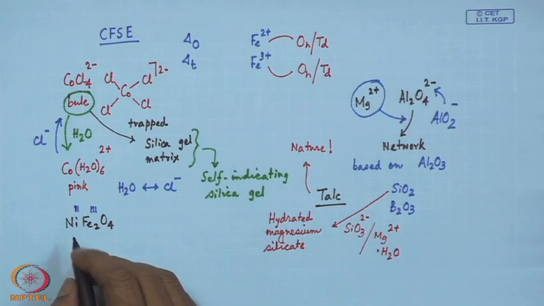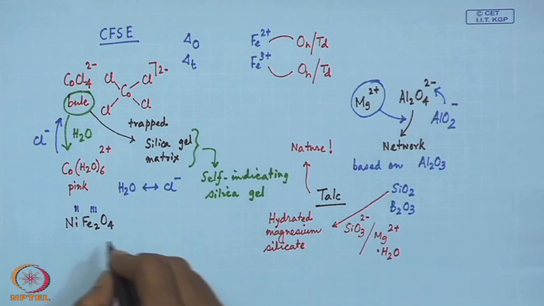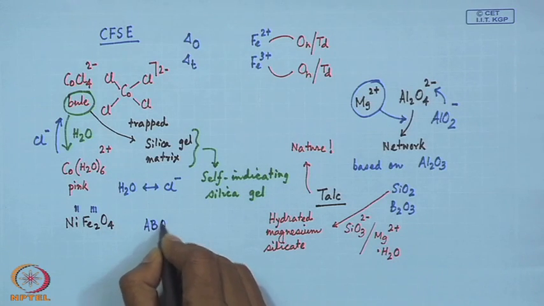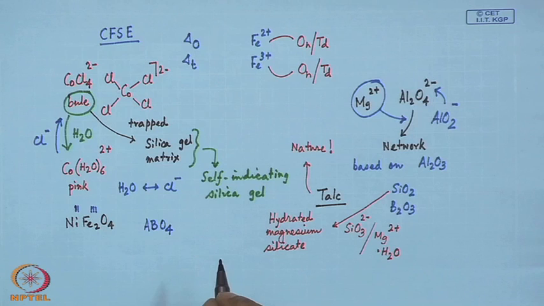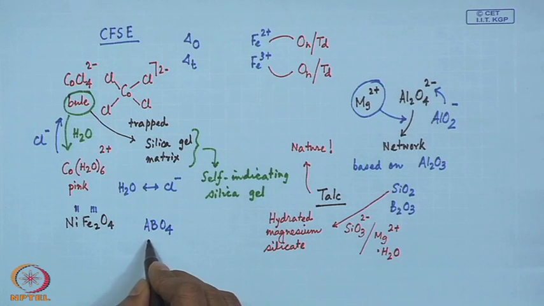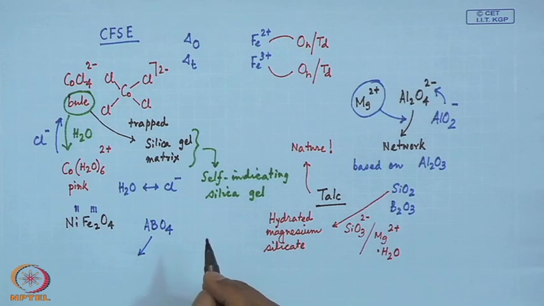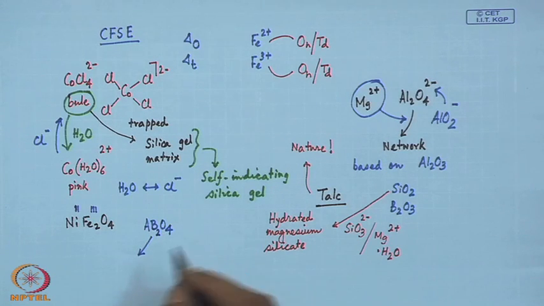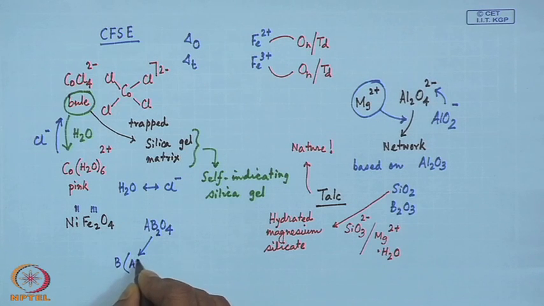When they are crystallizing, we have an AB2O4 arrangement, but if we have two of this B and one B here, then we can have the arrangement B(AB)O4.